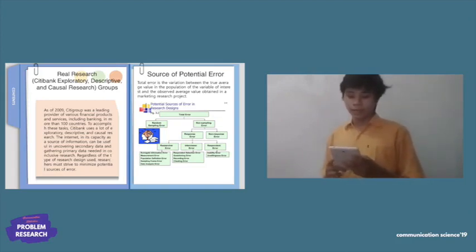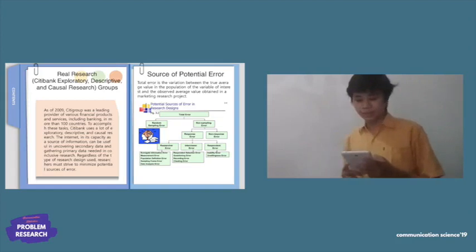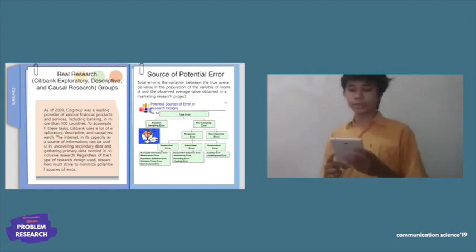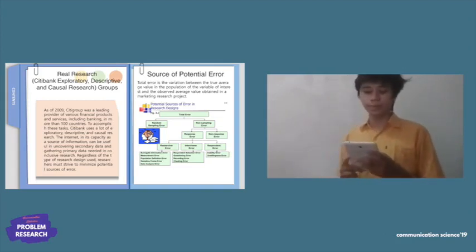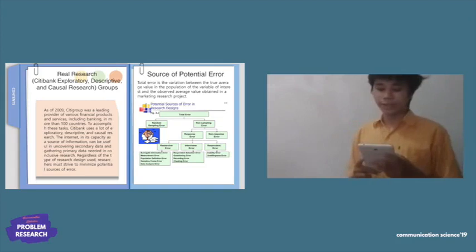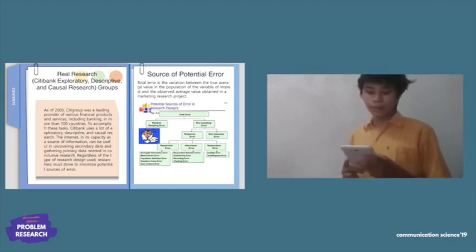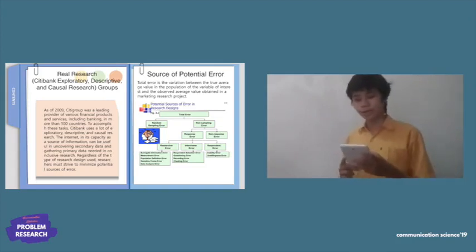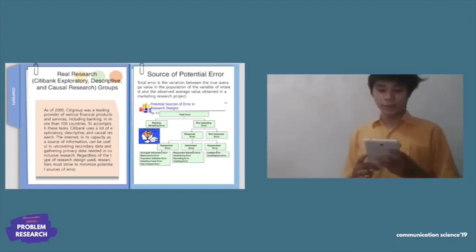Next one is respondent selection error. Occurs when the interviewer chooses respondents other than those determined by the sampling design or in a way that is not consistent with the sampling design. Next one is questioning error. Indicates mistakes made in asking questions to respondents or not investigating when more information is needed.